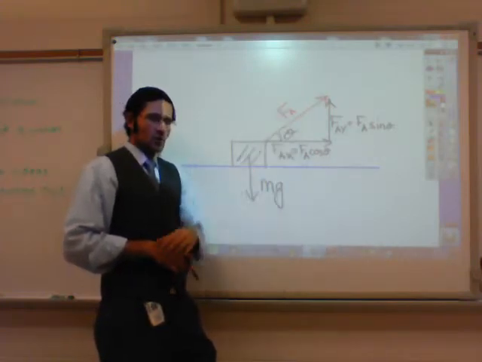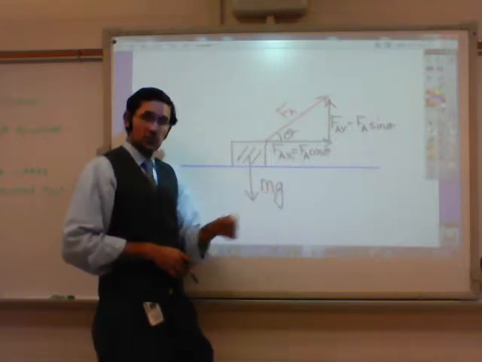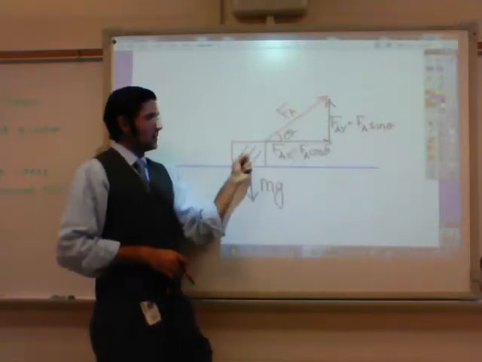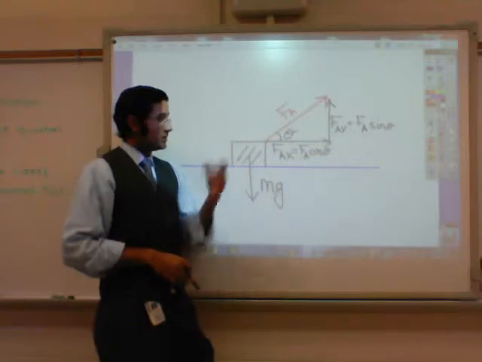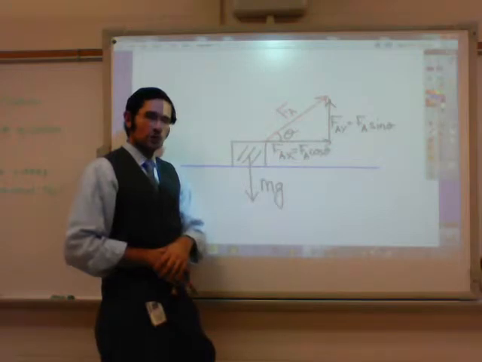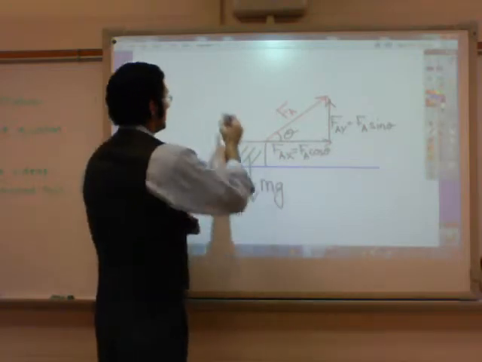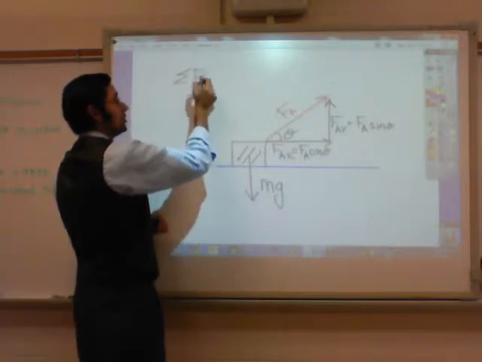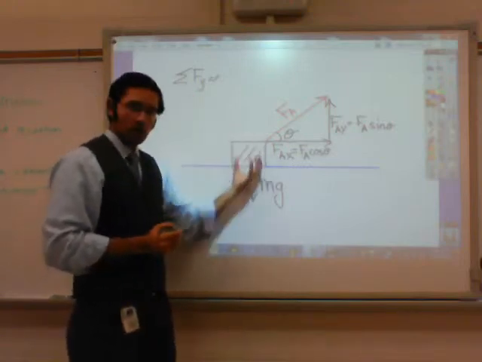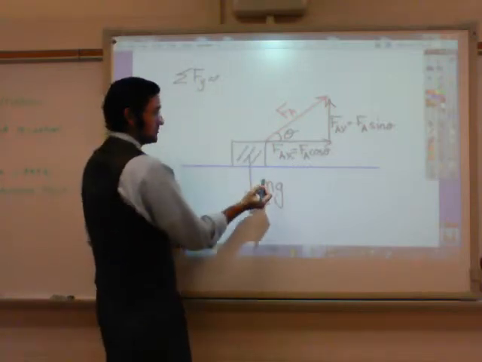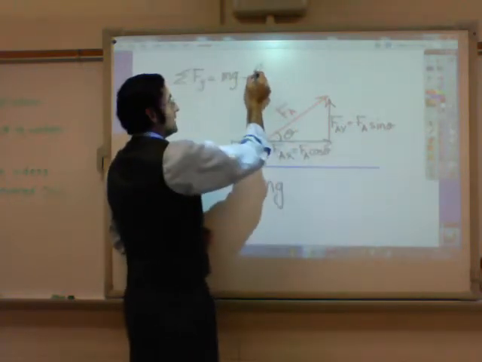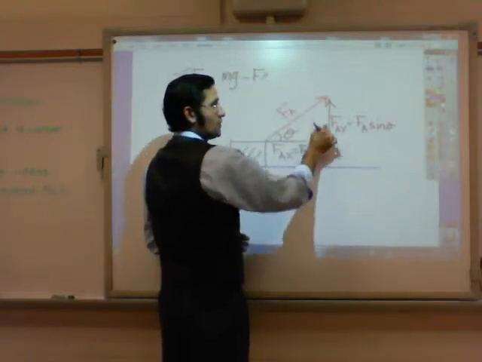In the previous example, there was no rope, so the box was being pressed against the surface because of the force of gravity. In this example, there's a rope. The rope is pulling upwards. It's pulling the box upwards. So the box doesn't press against the ground as hard. The total force with which the box is pressing against the ground, the sum of all of the forces in the y direction, is the force of gravity minus Fay, minus the vertical component of the rope.